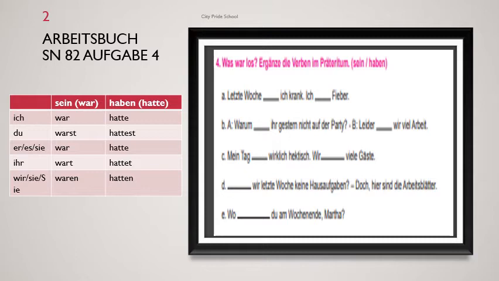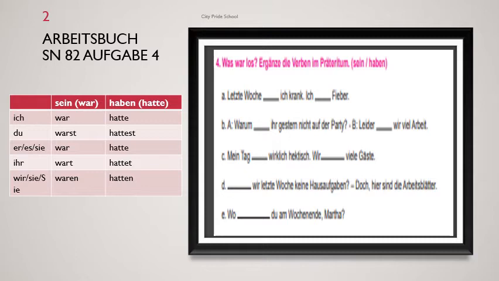Mein Tag blank wirklich hektisch. Hektisch is hectic and wirklich means really. Wir blank viele Gäste. Viele Gäste is many guests. Blank wir letzte Woche keine Hausaufgaben. Letzte Woche is last week. No homework. Hier sind die Arbeitsblätter.